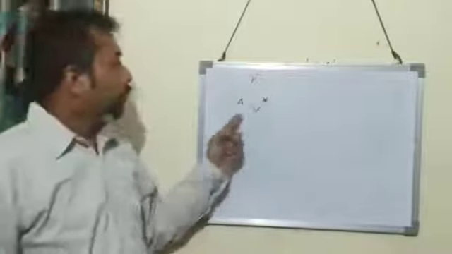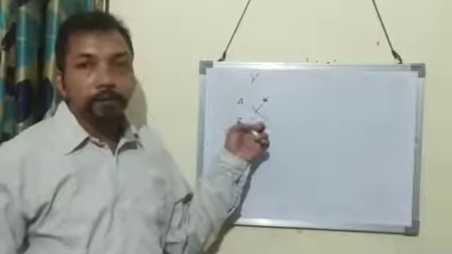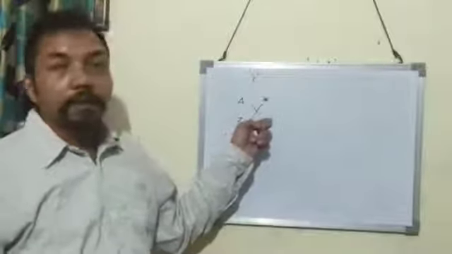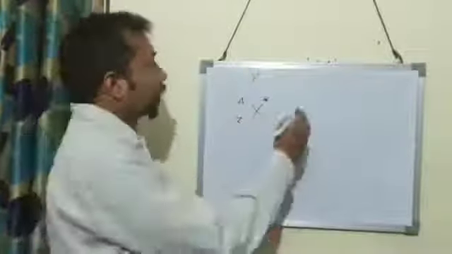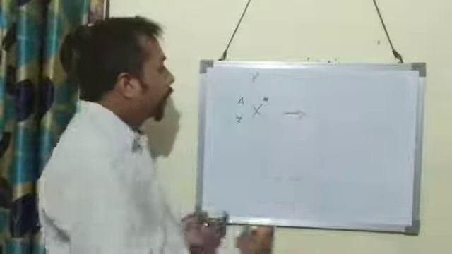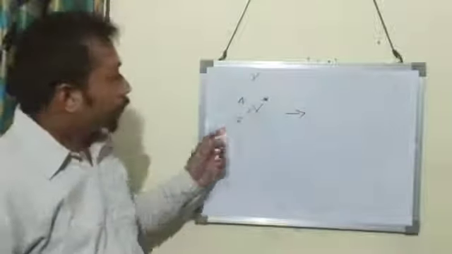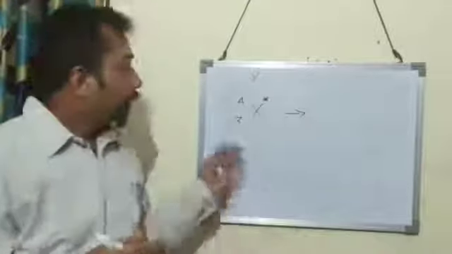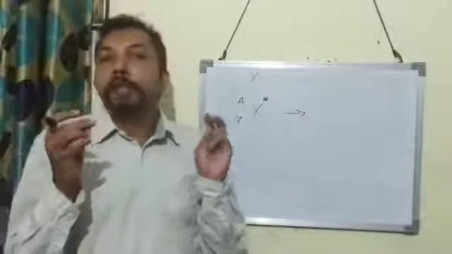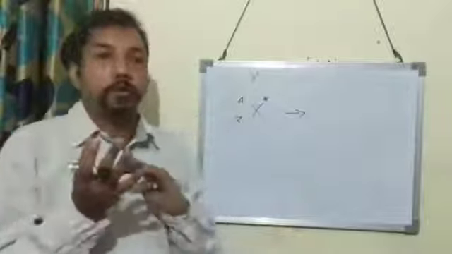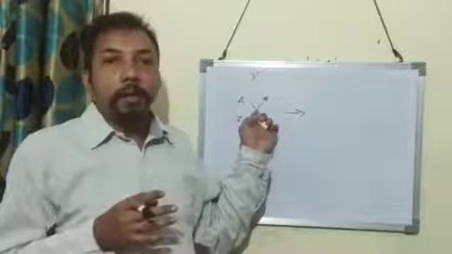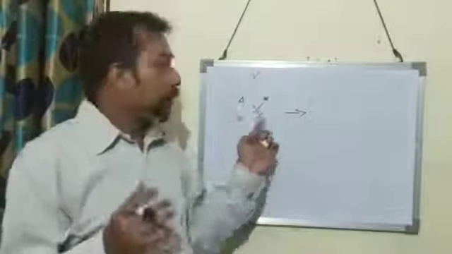The star symbol shows that this element is still in the excited state, and the nucleus contains excess energy. Gamma emission means the excess energy given out from the nucleus to come to the stable state, that is gamma radiation.